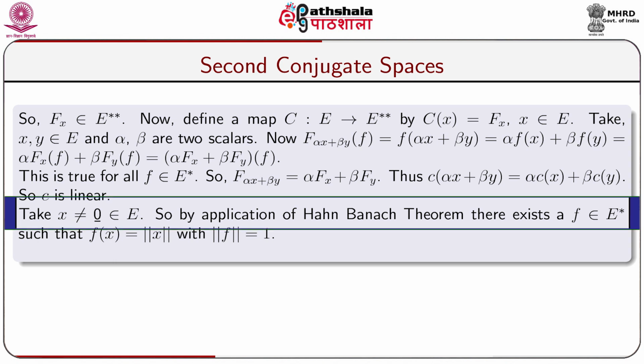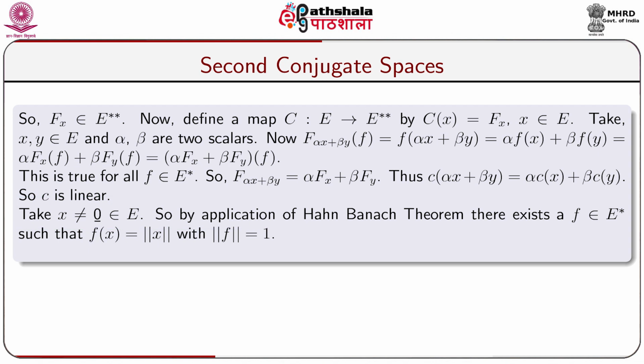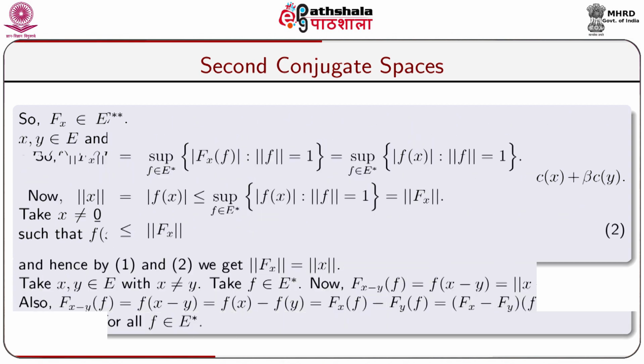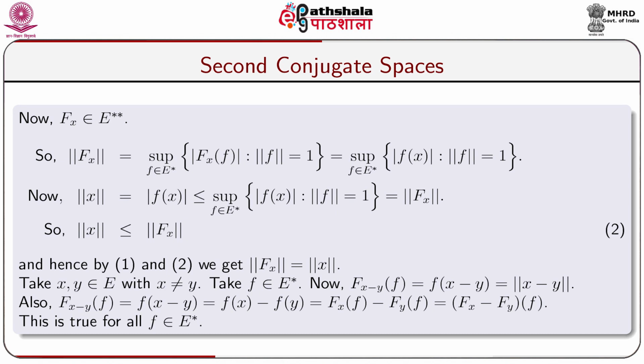Take x not equal to the zero vector, belonging to E. By application of the Hahn-Banach theorem, there exists a functional f belonging to E star such that f(x) equals norm x with norm of f equal to 1. Now, F_x belongs to E double star, as we have already seen.